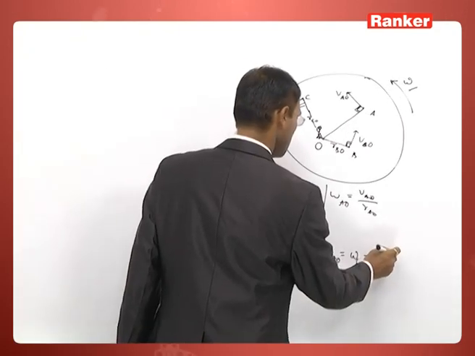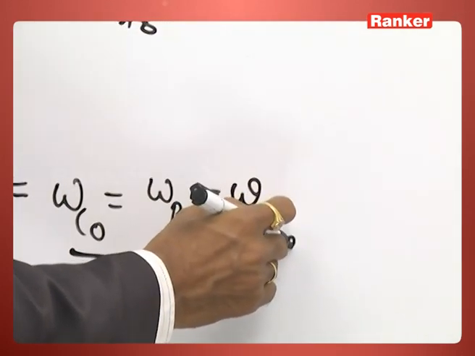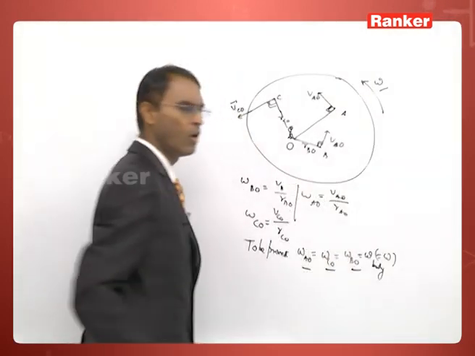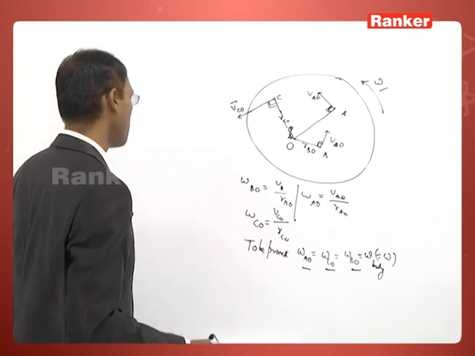That is given as the angular velocity of the rigid body omega, which is the property of the rigid body that does not depend upon any outside point.